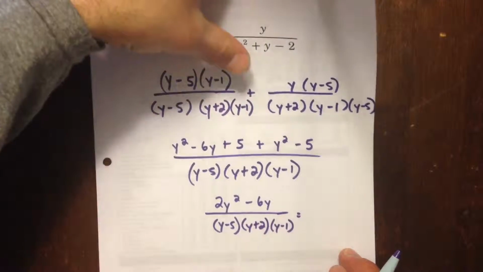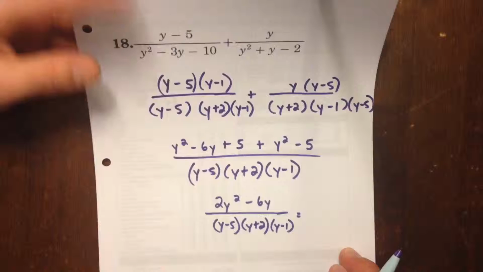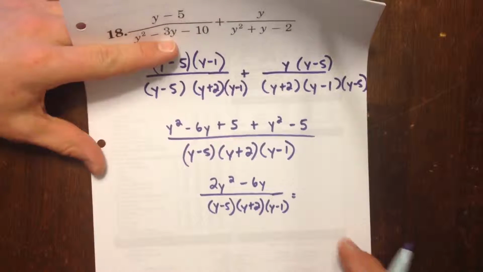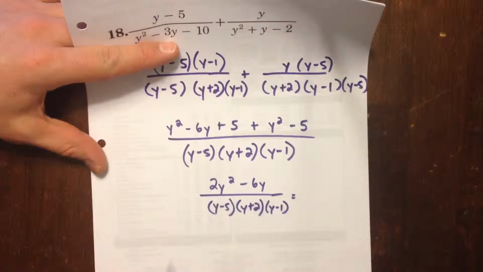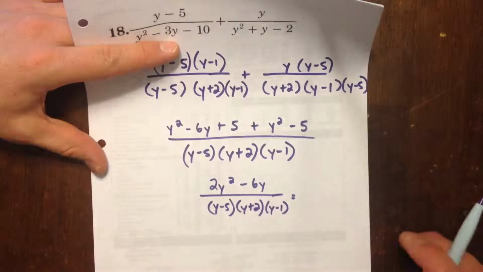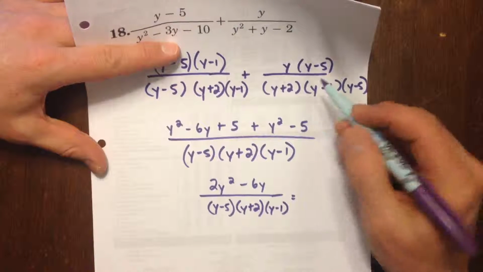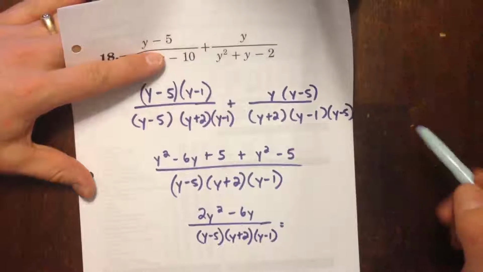And number 18. Okay, looks like we can pull out a 2y out of this. Something not quite right here. Yeah. Back up. Maybe you saw this.